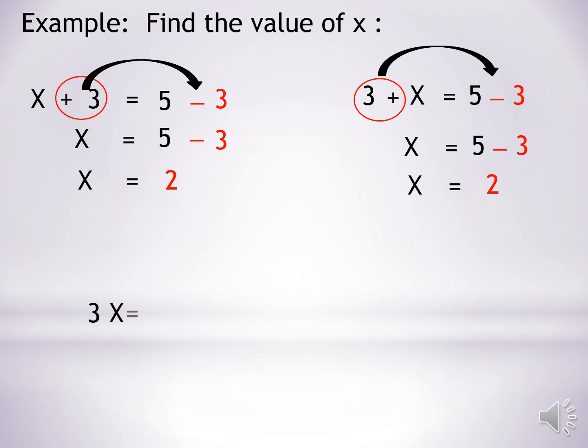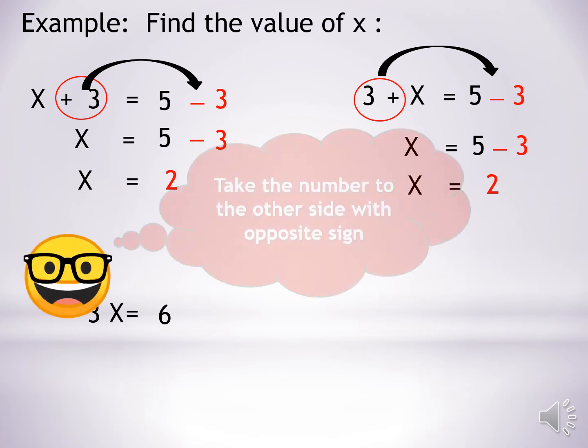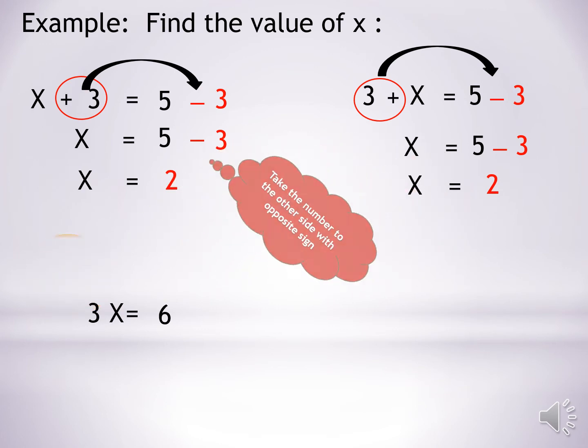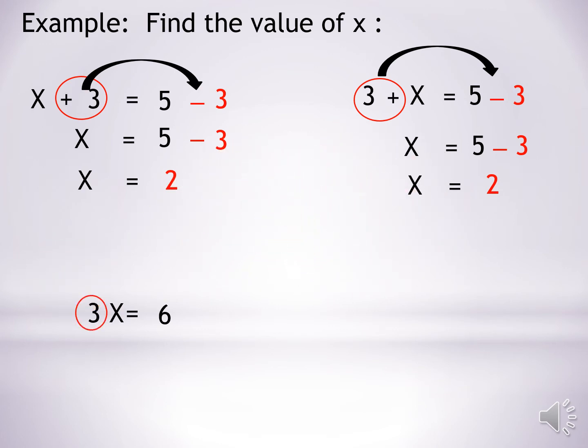Okay, another example. If I have 3x equals 6, when I have 3x, it means that I have here a hidden multiplication. There is a hidden multiplication between the 3 and the x. I want to find the value of x. Again, I have to take the number to the other side with the opposite sign.